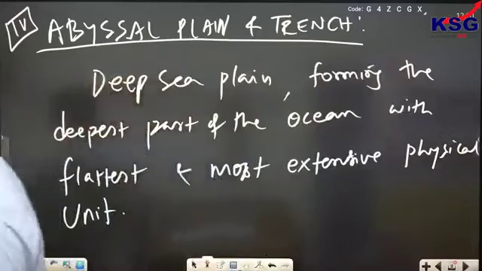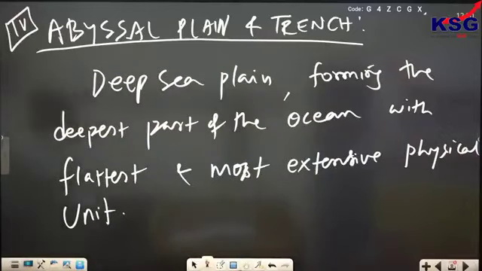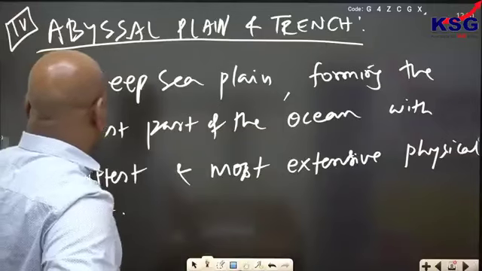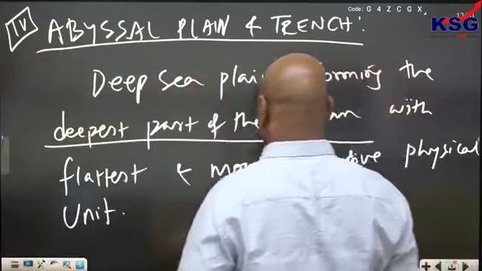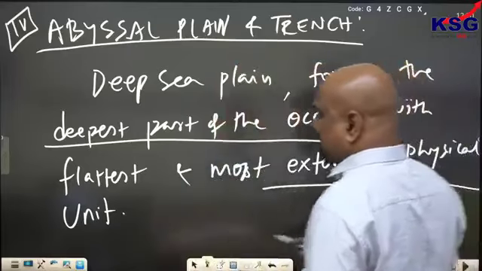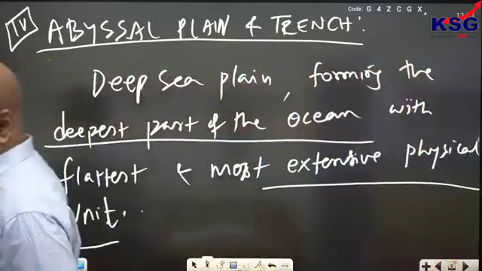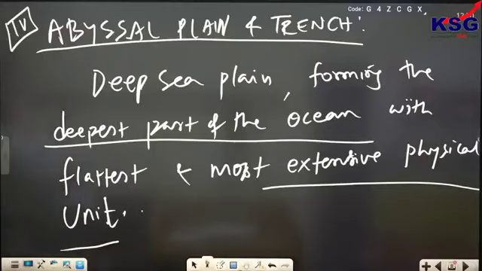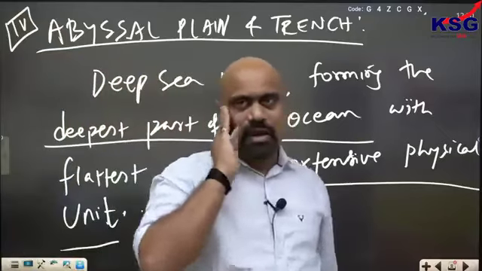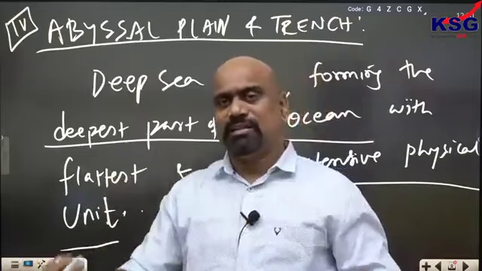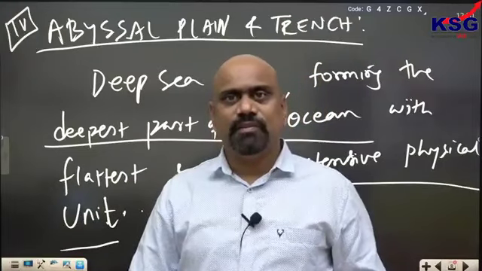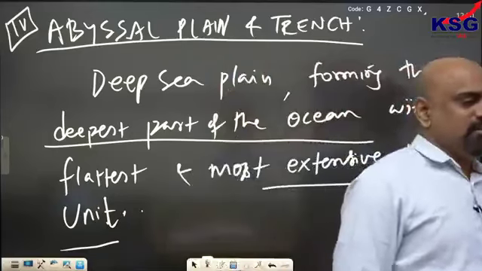Deep sea plain, this region is the most extensive one, forming the deepest part of the ocean with flattest and most extensive physical unit. पूरी तरह से फ्लैट है. पूरे फ्लैट होगा और एक्सटेंसिव होगा. This unit is the flattest and most extensive physical unit.